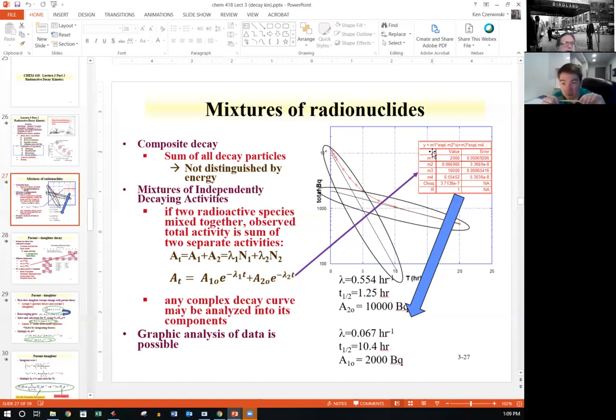At the end, the only activity that's really observable is the long-lived isotope, because the short-lived stuff has decayed away. And at the beginning, the short-lived stuff dominates the activity because it has the most activity per unit atoms.